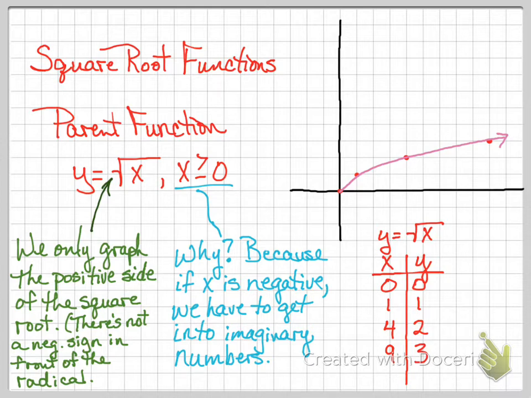Remember we're taking the square root, so what you look for in your x's for your parent function for some nice easy points to plot out are your perfect squares. Now, the 0, 0 point, we don't necessarily call it the vertex. It essentially is the vertex, but we'll call it the end point.